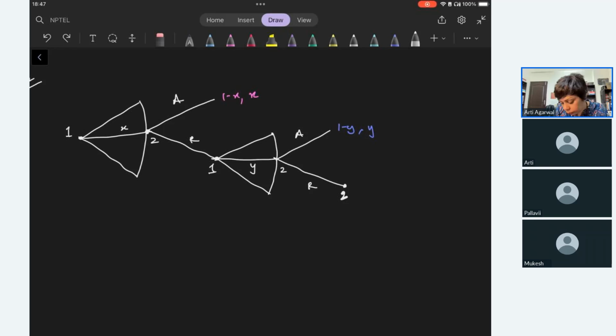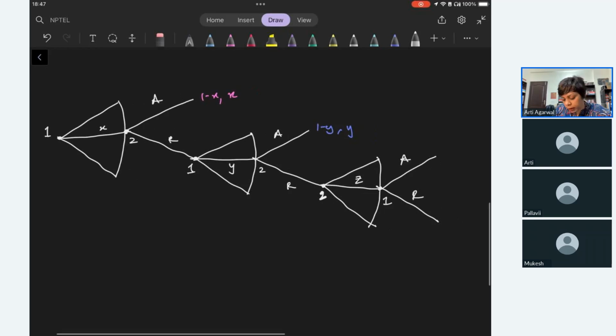Okay, so here he is offering some value Z. This is Z, and this also is a continuous variable. And here player 1 is going to decide whether he accepts or rejects. And if he rejects, everybody gets 0.